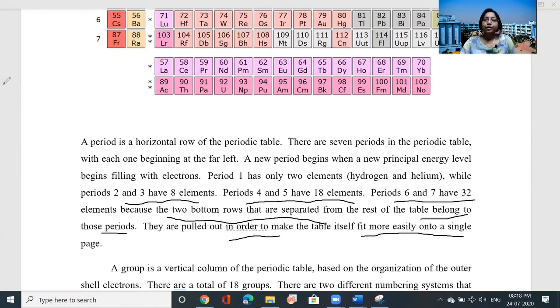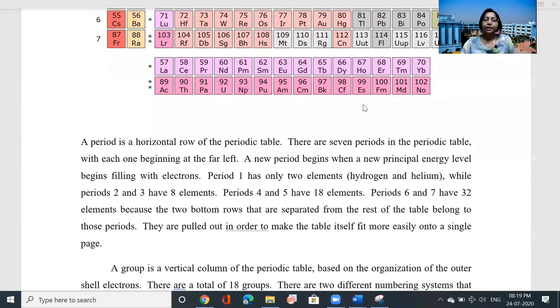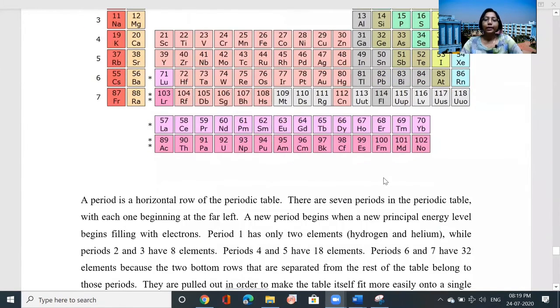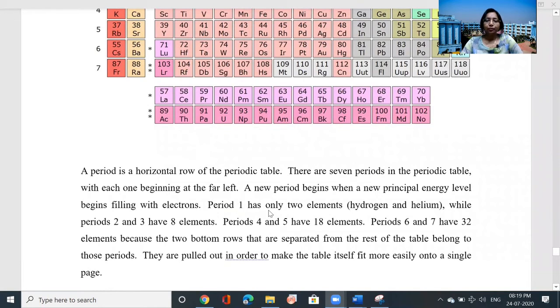Okay, so if you follow the periodic table, you can understand. In the first row you get hydrogen and helium, so only 2 elements, while periods 2 and 3 have 8 elements.